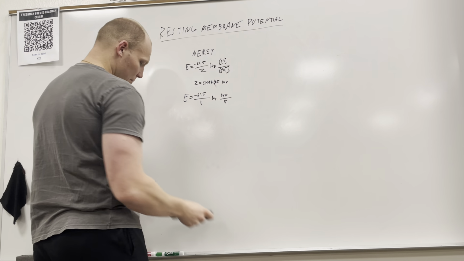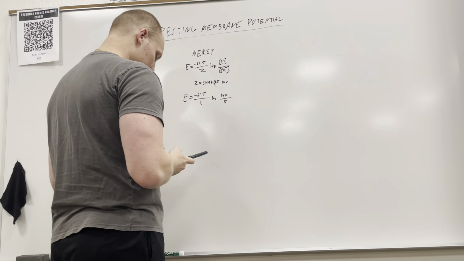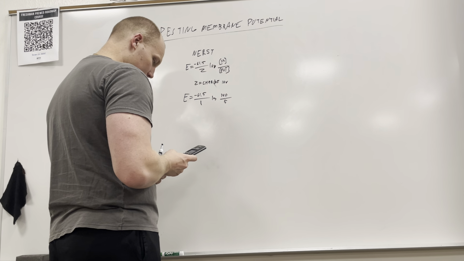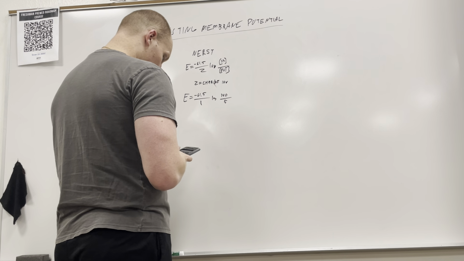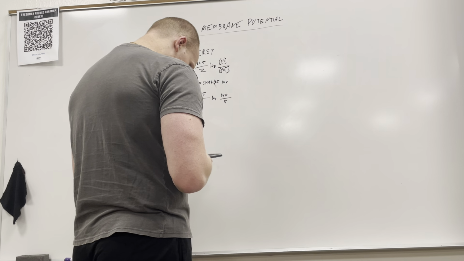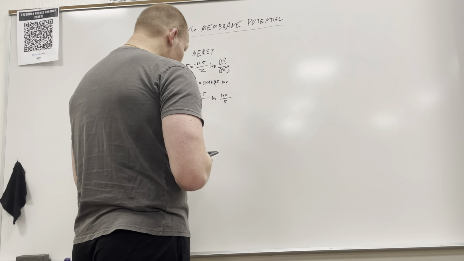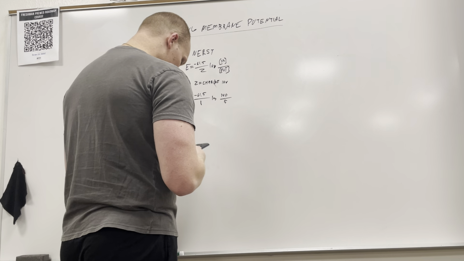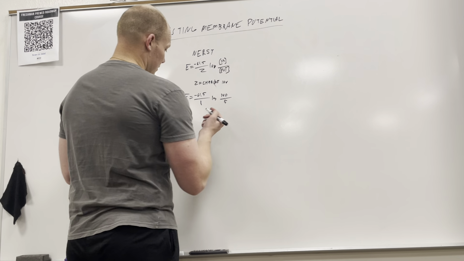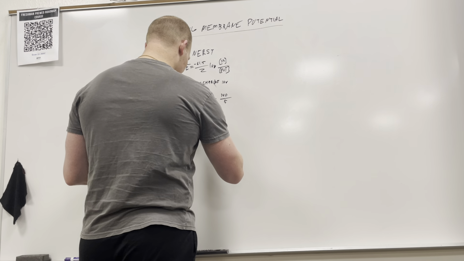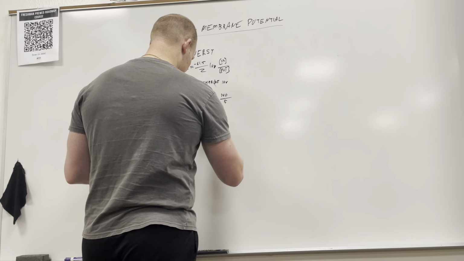Okay, so if we plug this into our calculator, we have negative 61.5 over 1, then we do the log of 140 over 5. And that would give us a Nernst potential of negative 89.